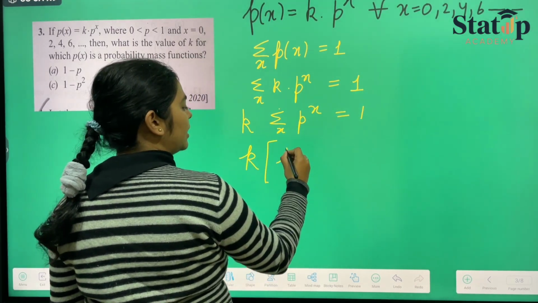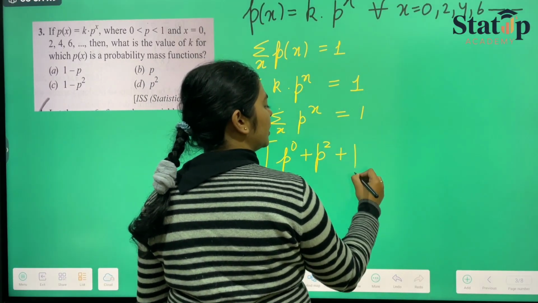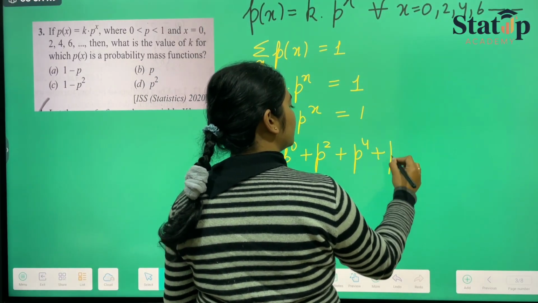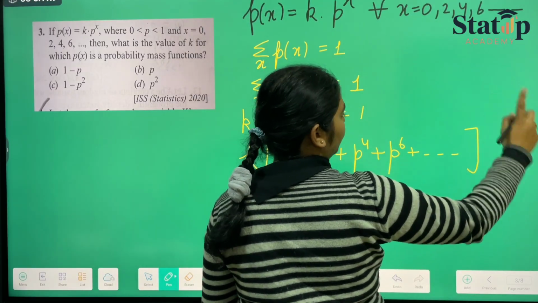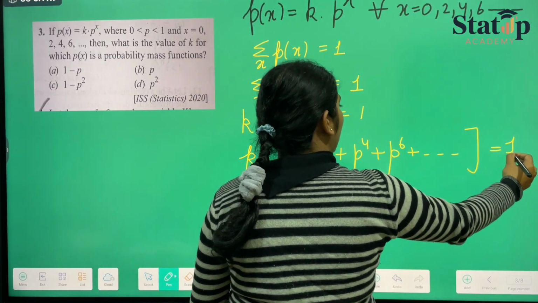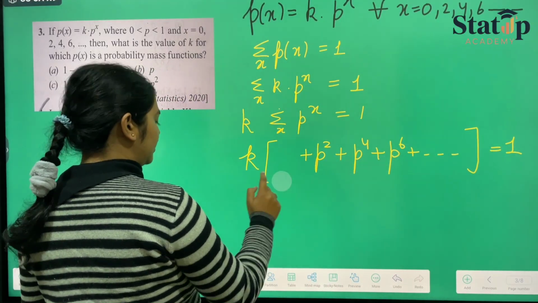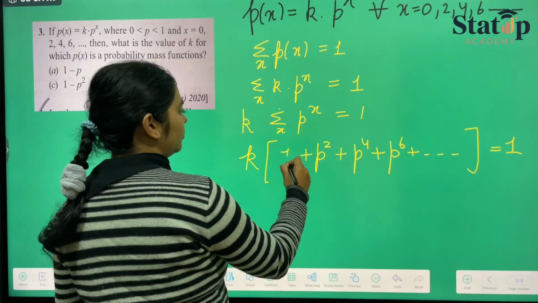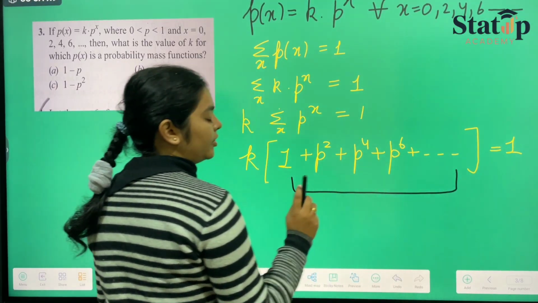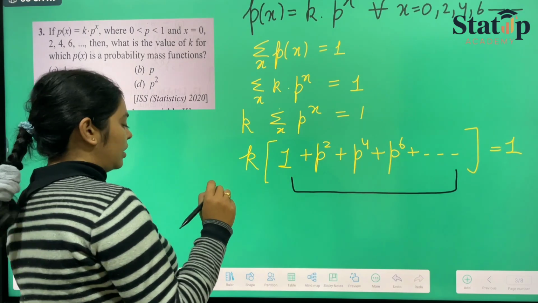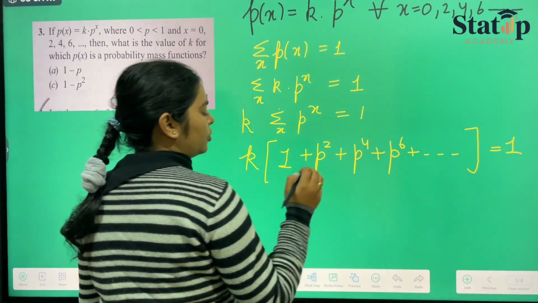We can write it as p raised to the power 0 plus p raised to the power 2 plus p raised to the power 4 plus p raised to the power 6 and so on up till infinity. They have not given us the last value. Here instead of p raised to the power 0, I can write 1. So if we see this clearly, this whole thing is a geometric series with r equal to p raised to the power 2.